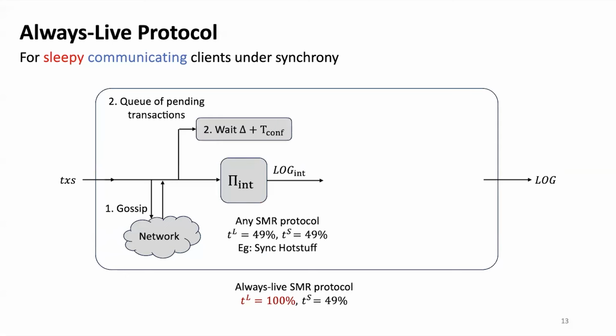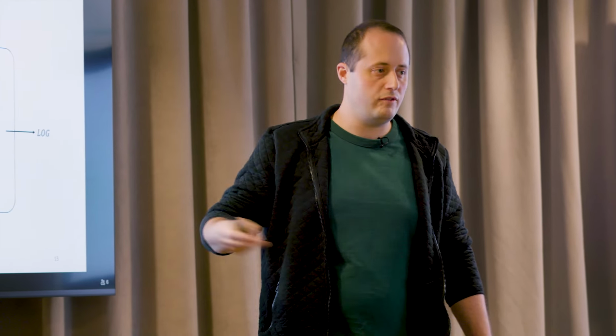We're also going to maintain a queue of all the transactions we've ever seen. We queue these transactions for delta plus the confirmation time of this protocol. Sometimes we're keeping track of transactions that have already been in the system for a long time.